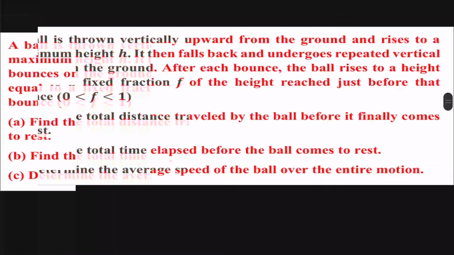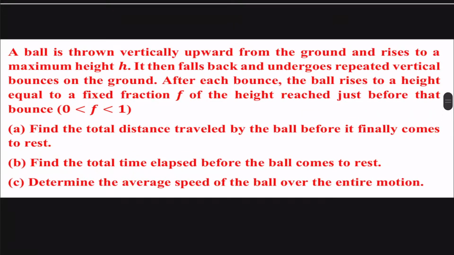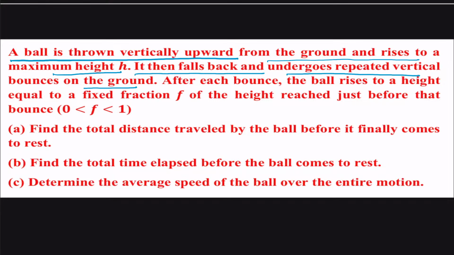So we come to our second question. The second question states that a ball is thrown vertically upward from the ground and rises to a maximum height h. It then falls back and undergoes repeated vertical bounces on the ground.